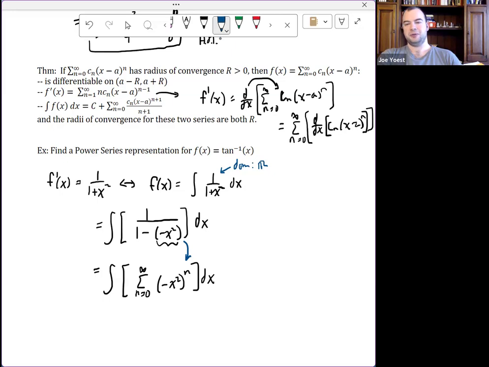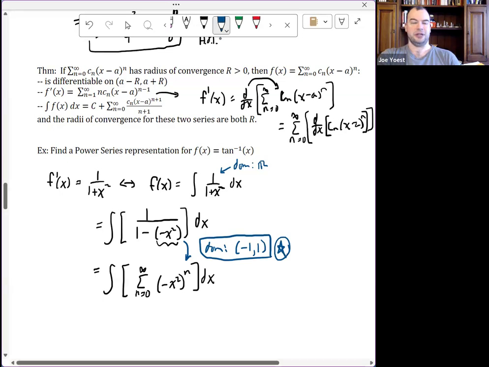Its ratio is negative x squared. That has to be in open negative 1 to 1. Now my domain is open negative 1 to 1. So this is crucial, right? We're not getting a power series representation for arctan over the entire real line. We have a domain restriction here because we're using the power series.